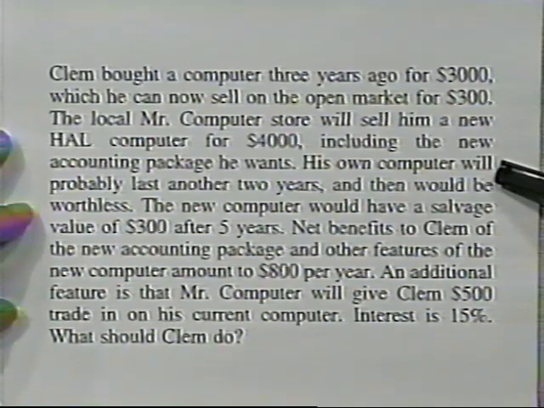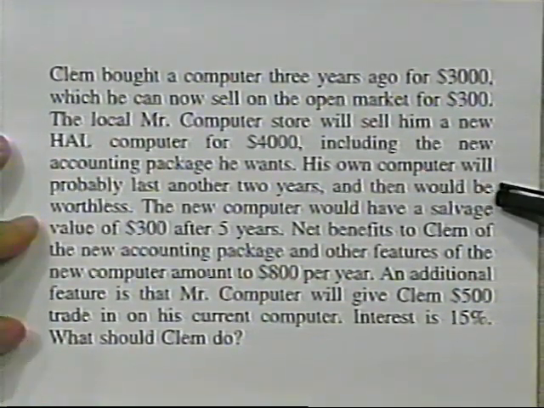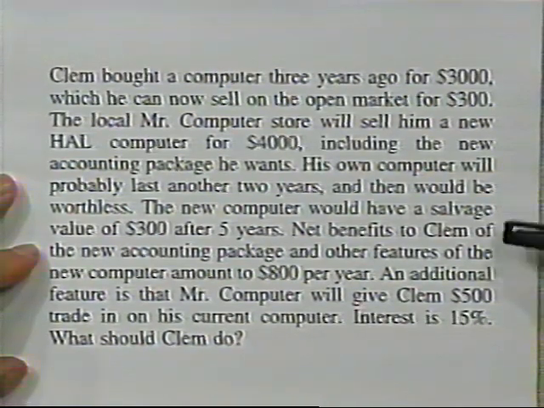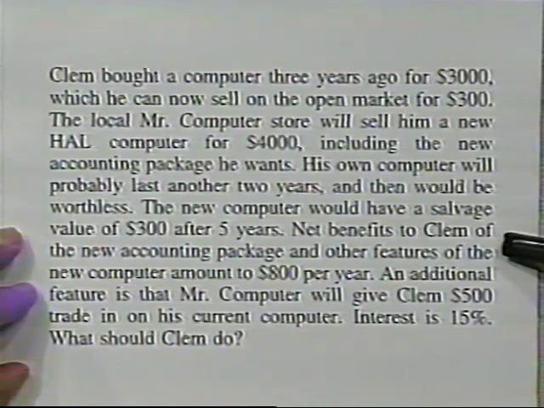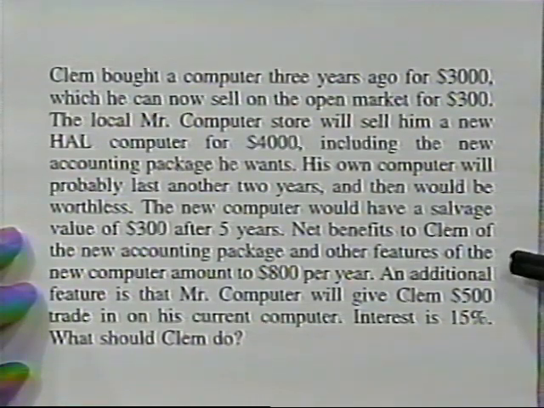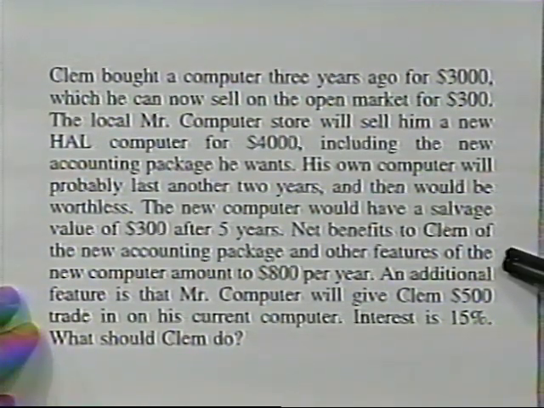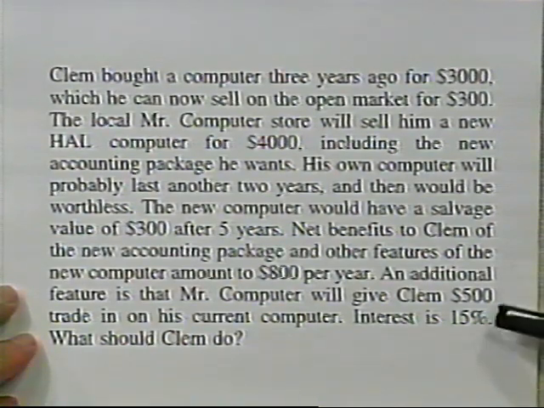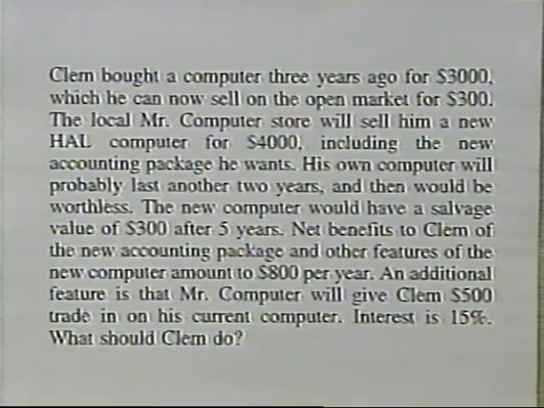His own computer will last another couple of years and would then be worthless. The new computer would have a salvage value of $300 after 5 years, and the net benefits to Clem of the new accounting package and other features of the new computer amount to $800 per year. We also have an additional feature that Mr. Computer, the Mr. Computer store, will give Clem a $500 trade-in on his current computer. We're given an interest rate and asked what should Clem do.